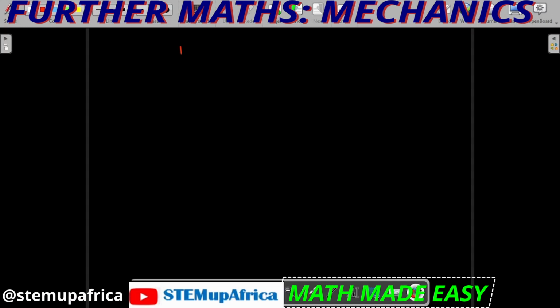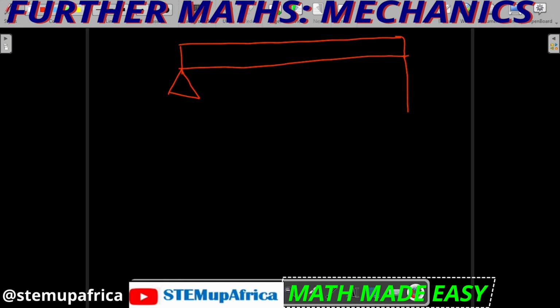If I have a beam such as this, and I have a support at this point, and I have a force here, let's call it F. Let's call where the support is O. And the force is always perpendicular to the distance. Let's call the distance from here to here D. So what is now the moment?